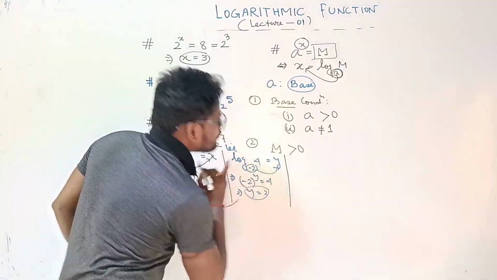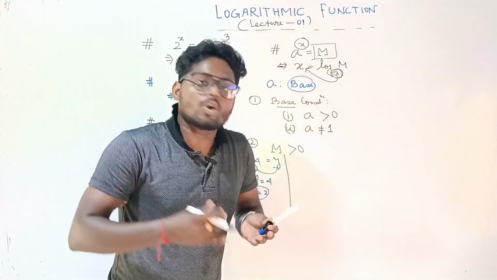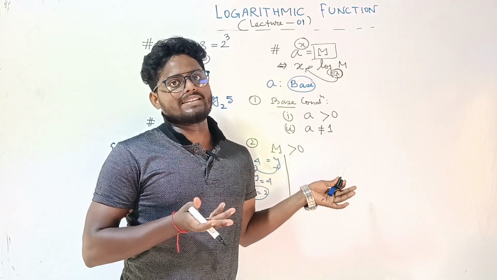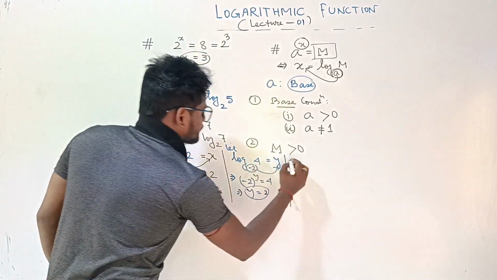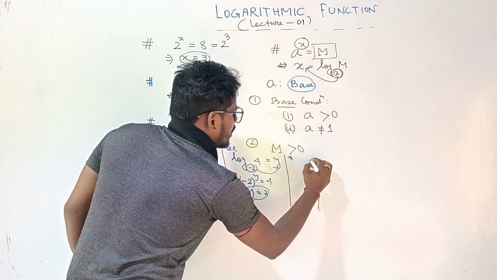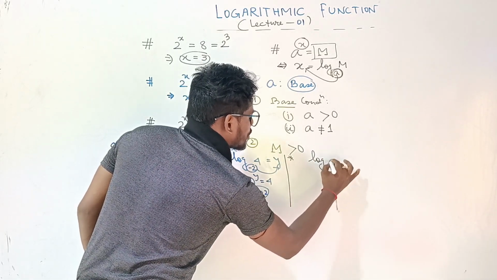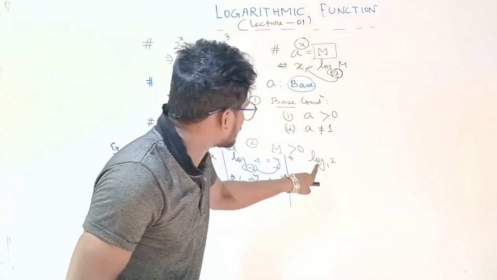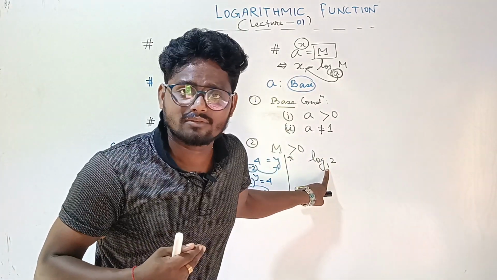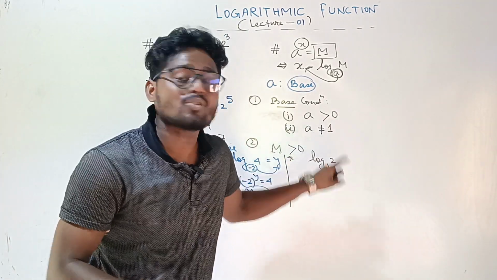Okay. Now base 1 is not possible. Let's take an example. What is log 2 to the base 1? Because I took the base as 1. As I said, 1 is not possible.